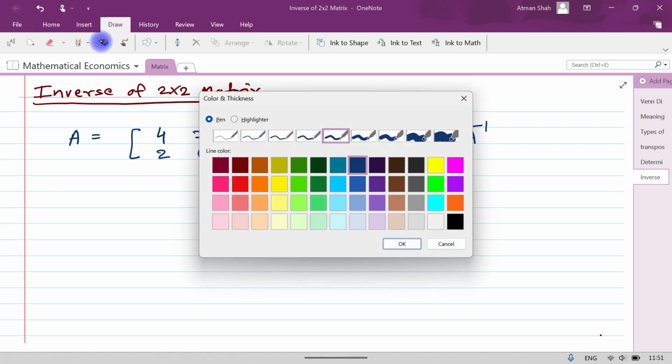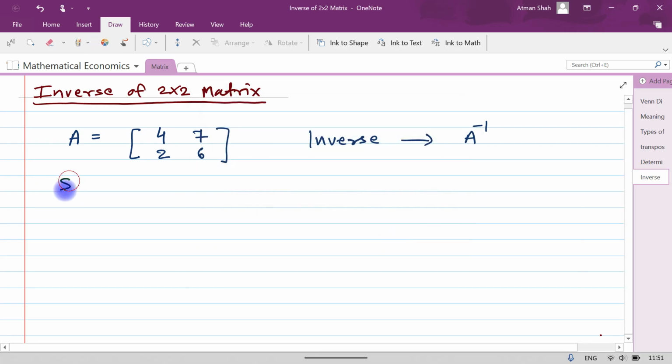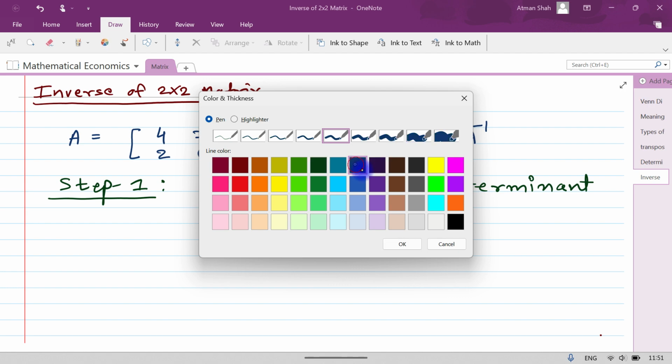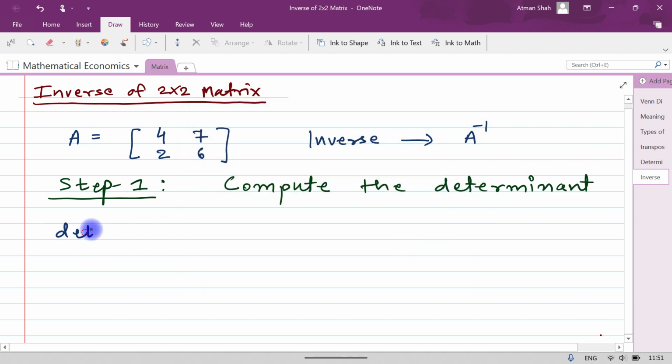So step 1. Step 1 is to compute the determinant. So determinant of A is denoted by 4, 7, 2, 6.